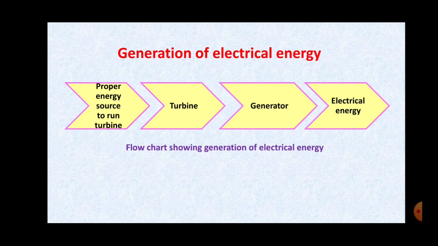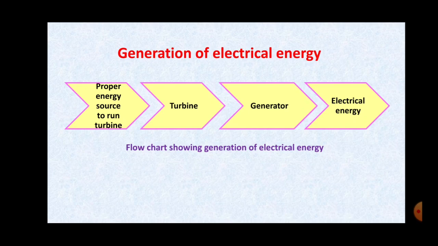Now, the flow chart showing the generation of electrical energy. First of all, we need a fuel, right, to start with the energy. So, the proper energy source to run the turbine, it can be coal, it can be steam, it can be natural gas.